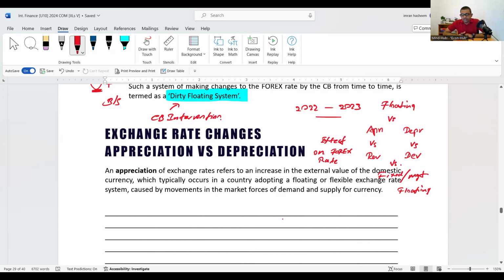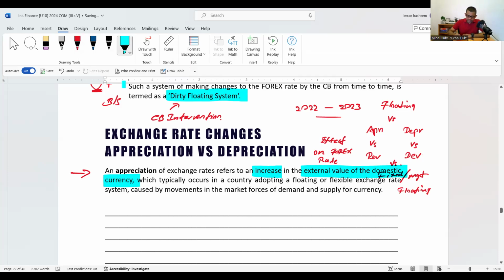As we learn, you will build your knowledge on it. So with that, let's look at appreciation of exchange rate. That's where we are starting. An appreciation of exchange rate refers to an increase in the external value of the domestic currency. Is that clear?